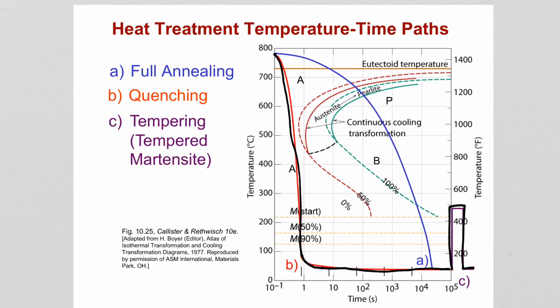So there is also full annealing, like shown with the blue. In the full annealing, remember, we cool it down in the furnace, so it takes a longer time to cool down, and then you are able to form the pearlite structure.